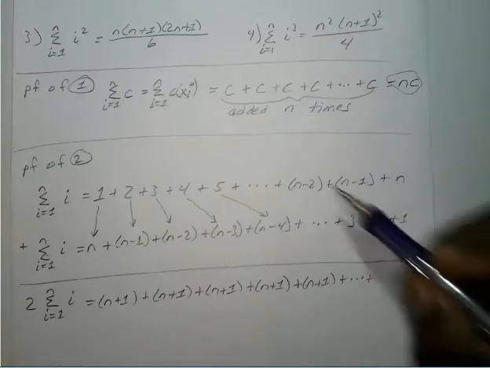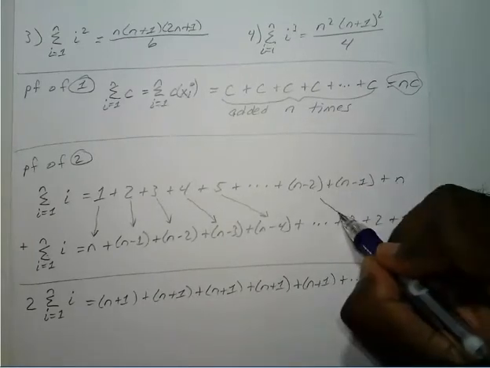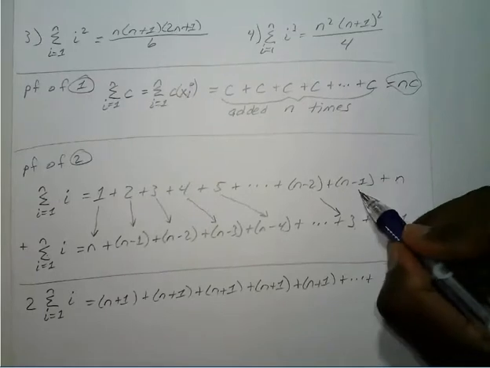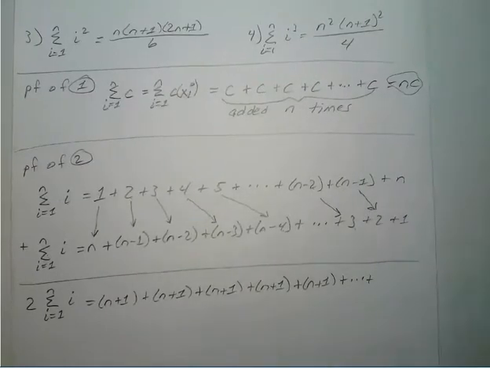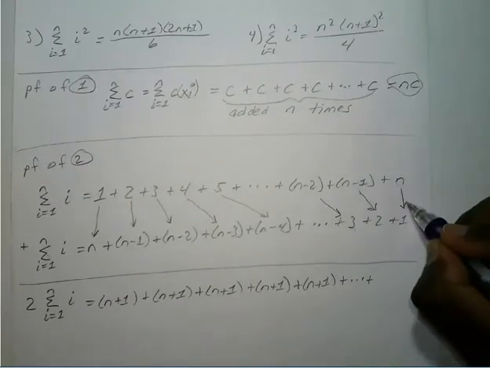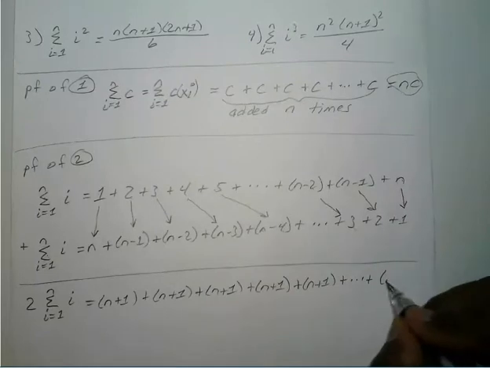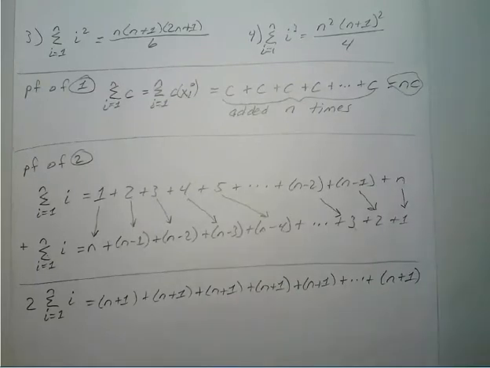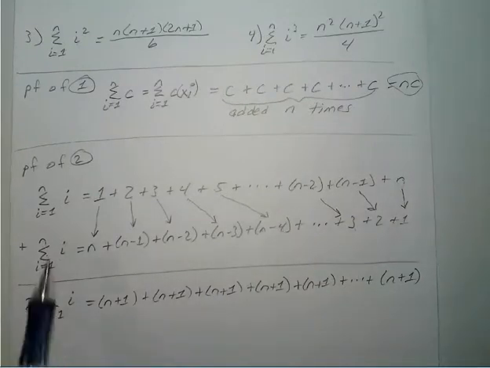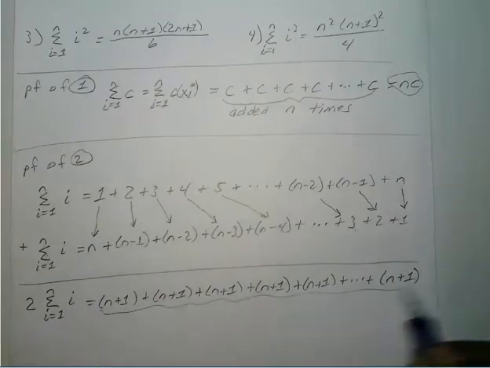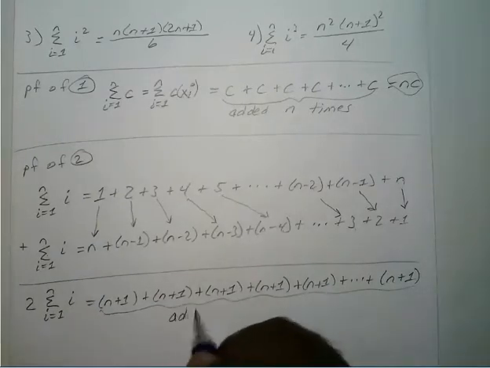Because if you do the same thing with n minus 2 plus 3, that's going to be n plus 1. N minus 1 plus 2 is going to be n plus 1. And your last one here is just going to be n plus 1. So we know it's just going to be a bunch of n plus 1. Okay. Now, since we're going from 1 to n, we know that we added these n number of times.